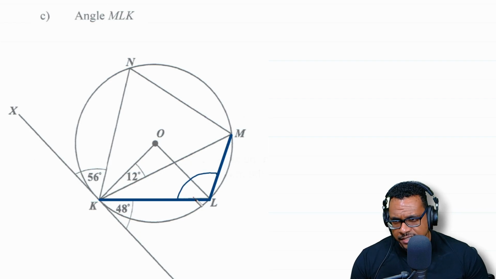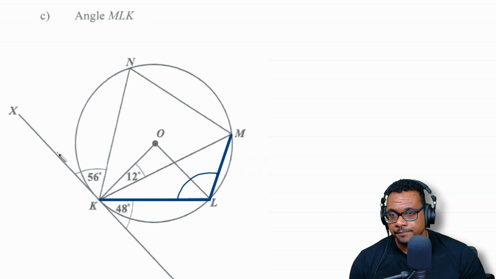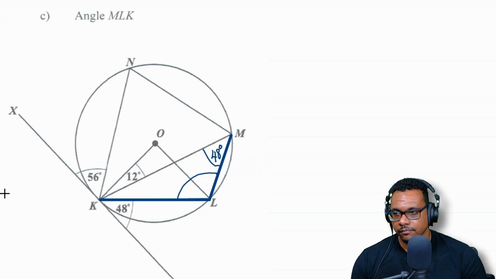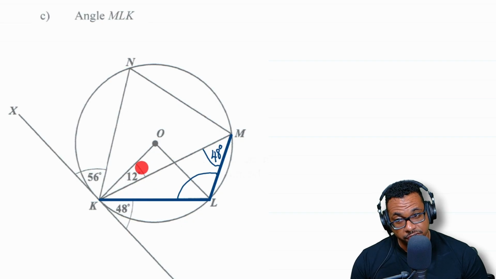So what I'm seeing is I can use this triangle here because I know some information about this triangle. For one, we found up here to be 48 degrees. If you remember that, the angle between the tangent and the chord was equal to the angle in the alternate segment. We found this entire angle to be 42 degrees.